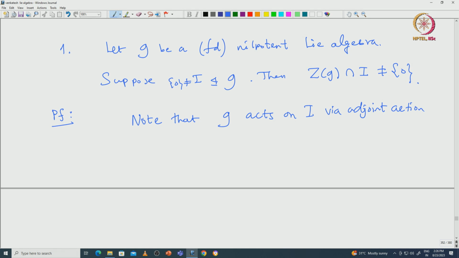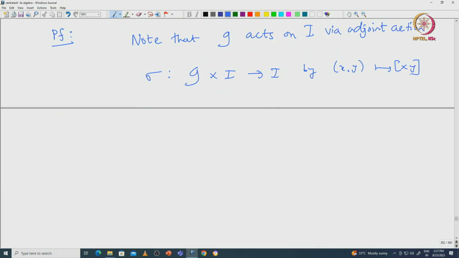So what is the meaning of that? So you can define this map sigma from G cross I to I, given by x comma y sends to bracket xy. Okay. Since I is an ideal, this bracket xy will be an element of I for all x in G and y in I. Okay.